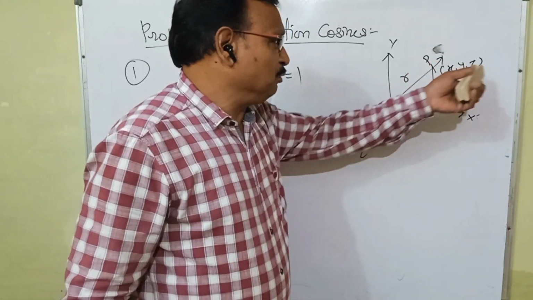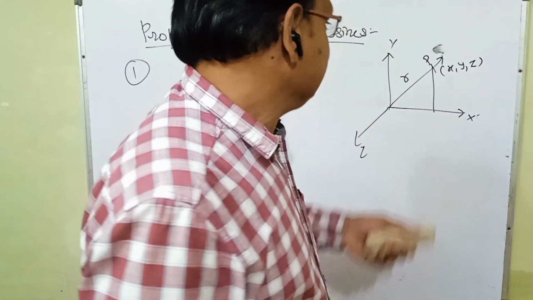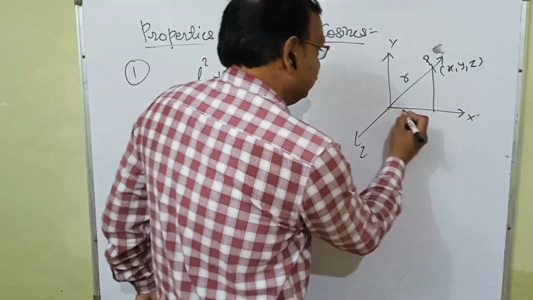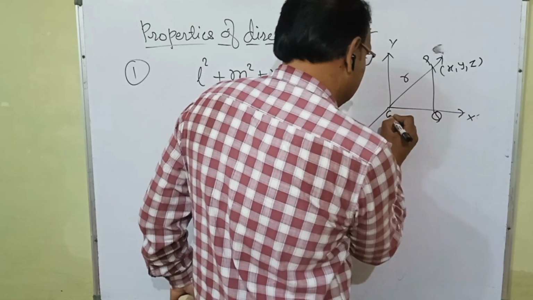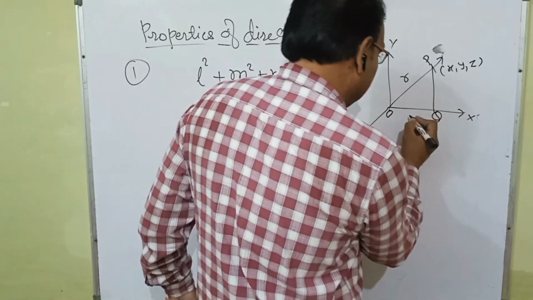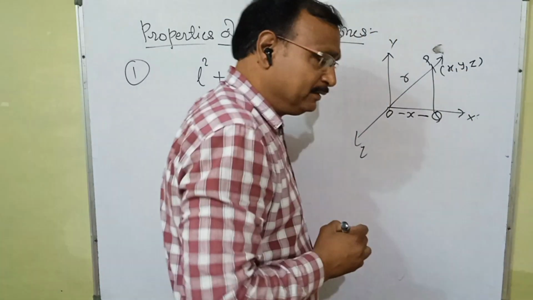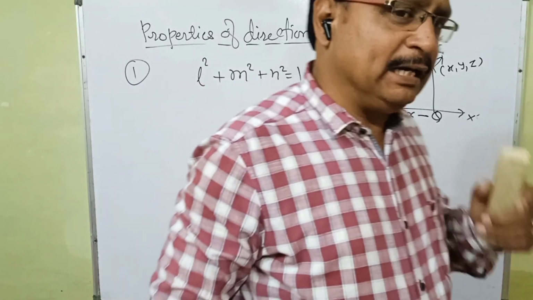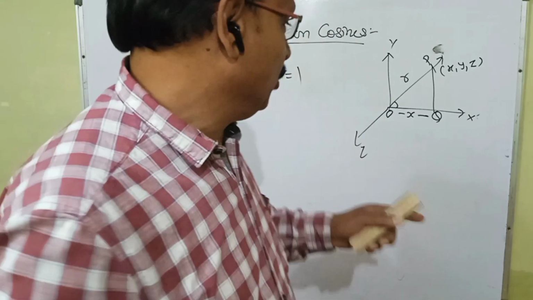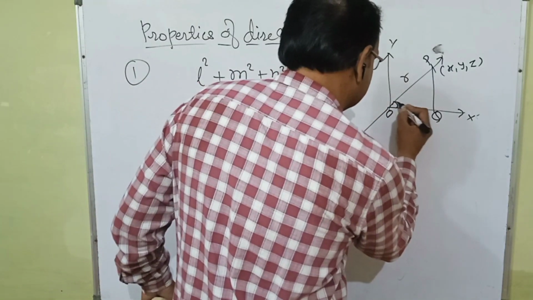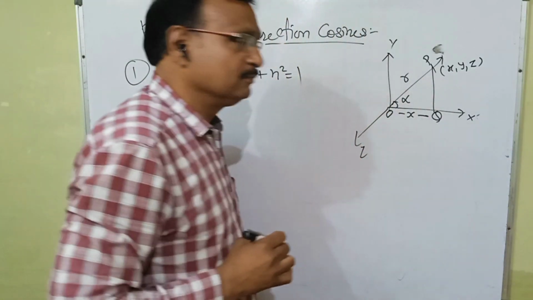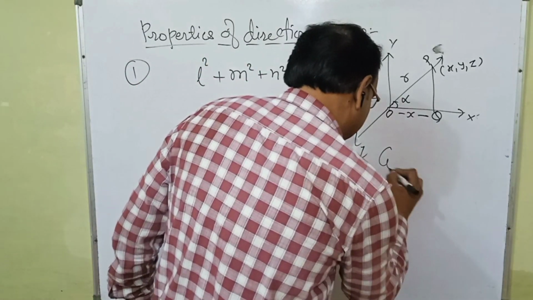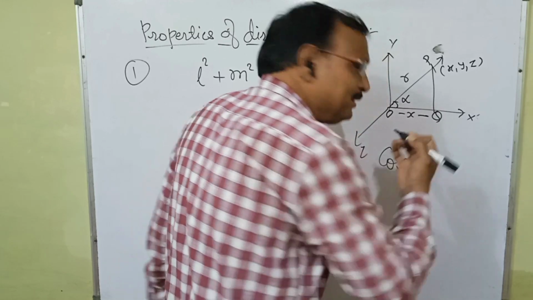When we see that x, y and z are the coordinates of this point P, then we can easily see that distance OQ will be x, and OP vector makes angle alpha with the x axis positively. So we can easily find the value of cos alpha.